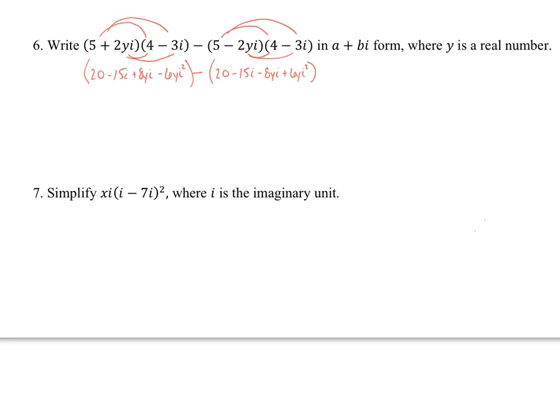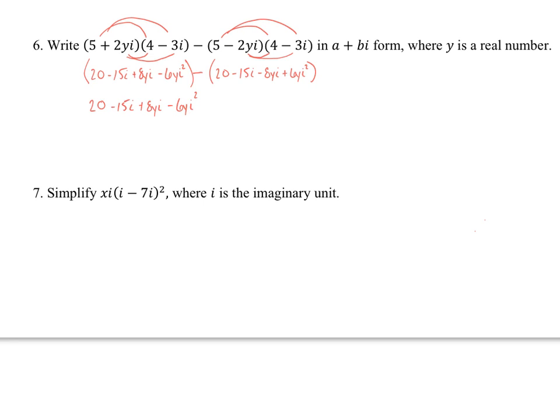We're subtracting them. So I'm going to remove these parentheses and distribute this negative sign inside here so that all I have to do now is just combine like terms. So the first thing I'm going to do is just rewrite this first term. I have a positive 20, a negative 15i, a positive 8yi, a negative 6yi squared.